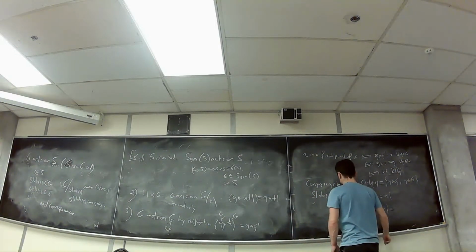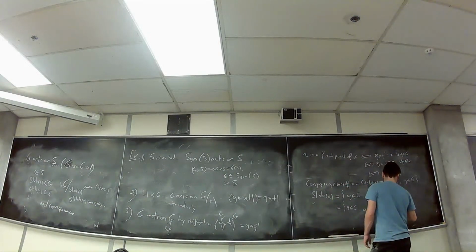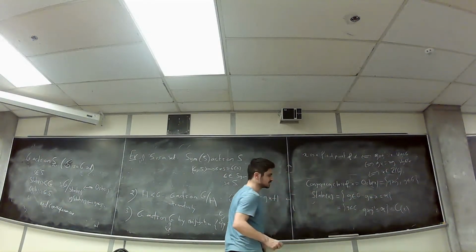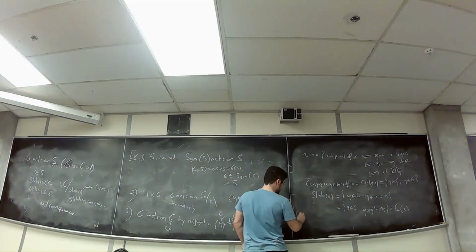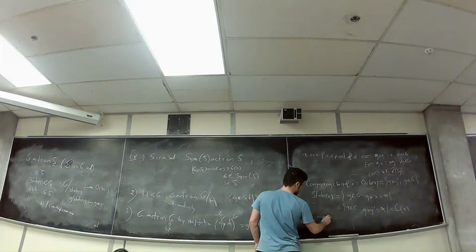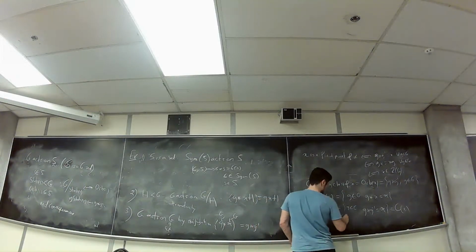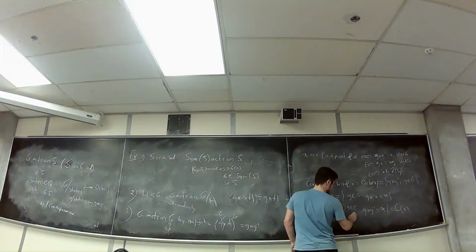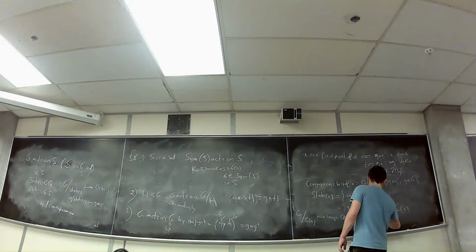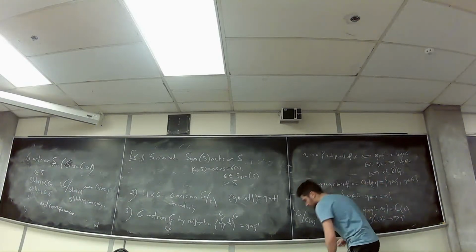Which means that this is just the centralizer of x. I call it C_x, although it's not the standard notation. And then you have a bijection from G mod C_x to the conjugacy class of x that sends a coset gC_x to gxg inverse. This is a well-defined bijection.